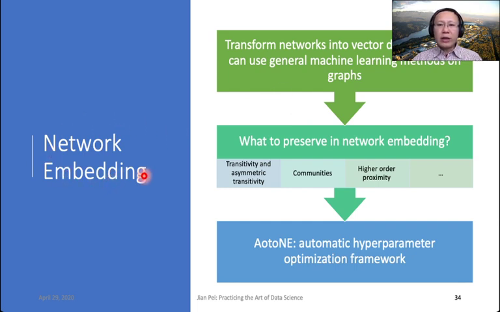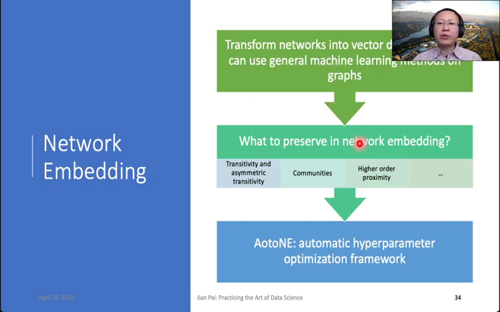Recently, I work in network embedding. Network embedding essentially is that we try to transform networks into vector data so that we can use general machine learning methods on graphs. We turn these graphs into the vector space. Of course, when you do the transformation, you may lose some information.